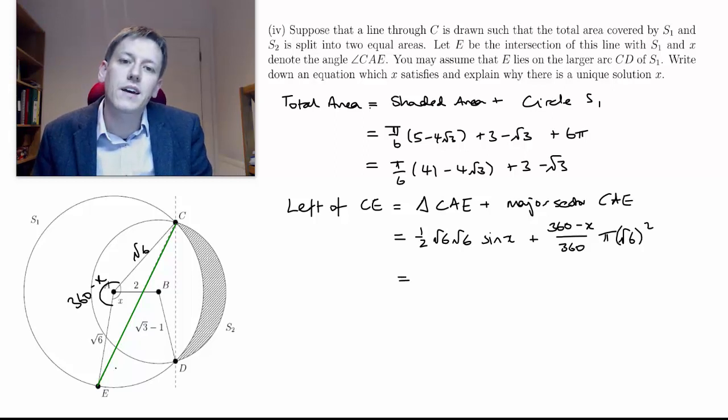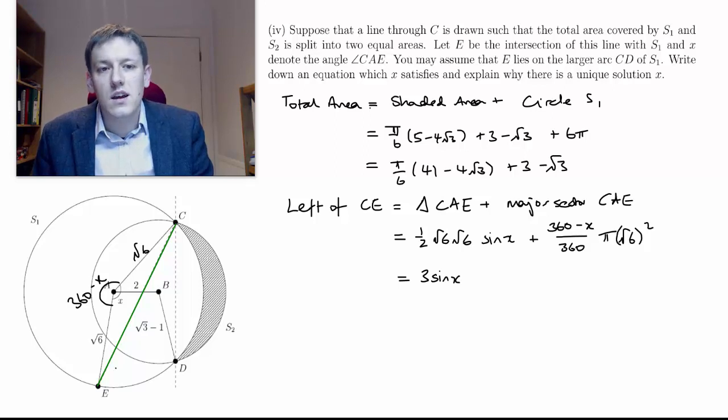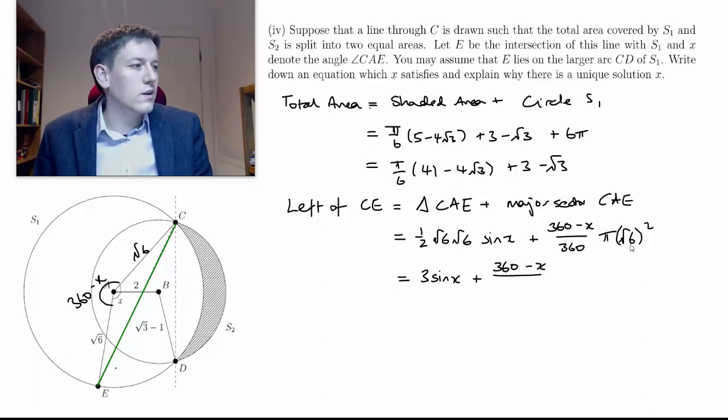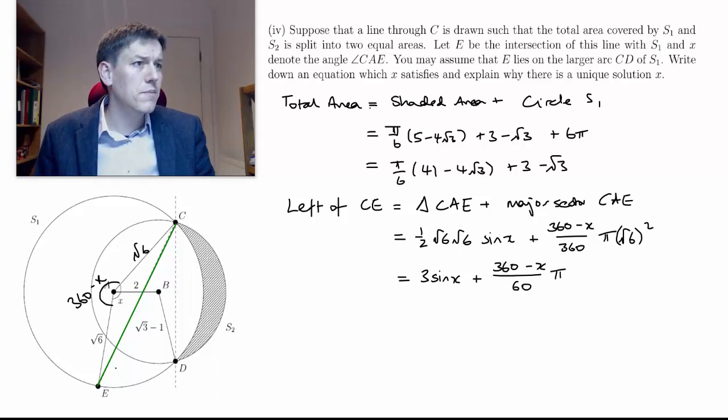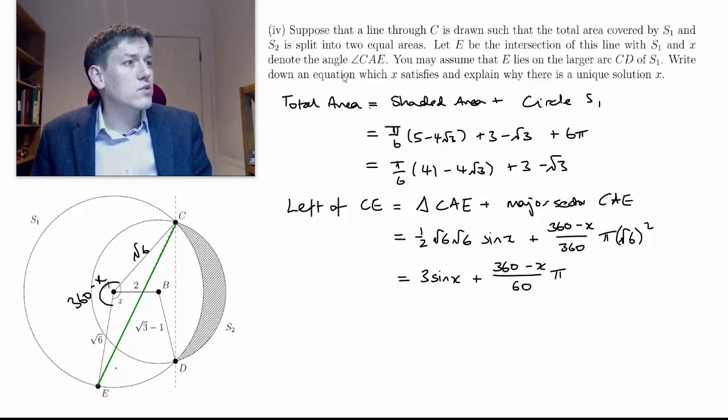So I get here 3 sine x, and I don't think you need to do too much simplifying here really, but why not just do a little bit. 360 minus x over, I've got 6 here and a 360, so I could write 60 times pi. Okay, so we're almost there. I've just got to write down an equation that x satisfies, so I need this area to the left to be 1/2 of the total.